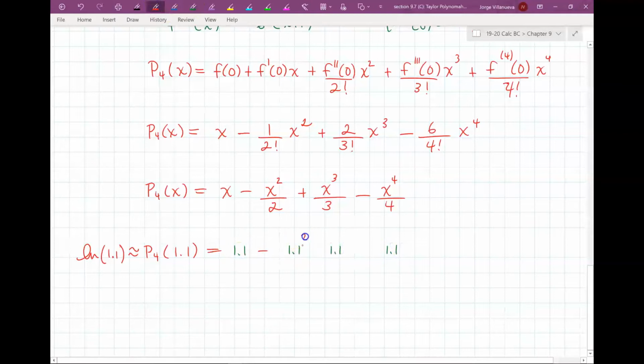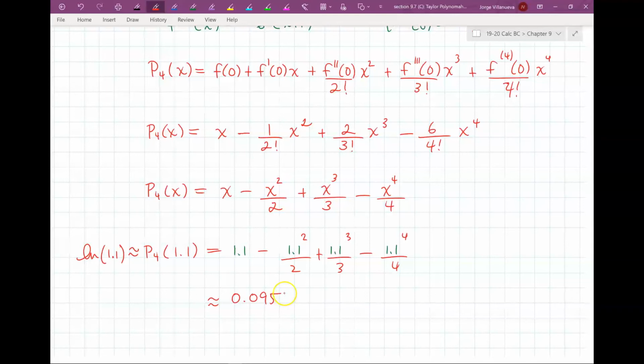So minus 1.1 squared over 2 plus 1.1 cubed over 3 minus 1.1 to the 4th over 4, right? I'm just plugging in the 1.1s. And I end up getting an approximation of 0.095. Okay, so that's my approximation.